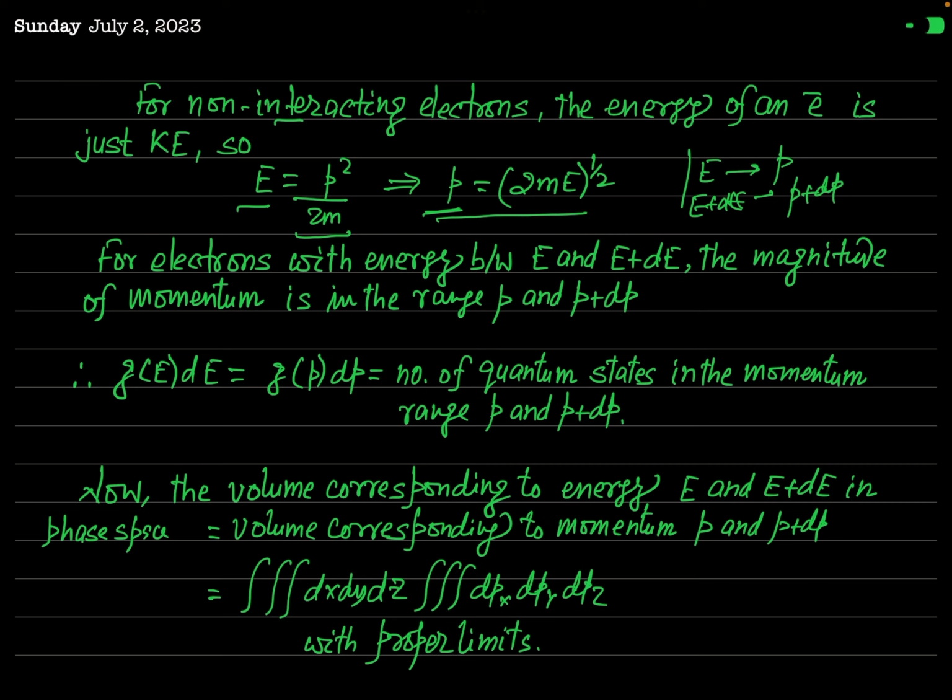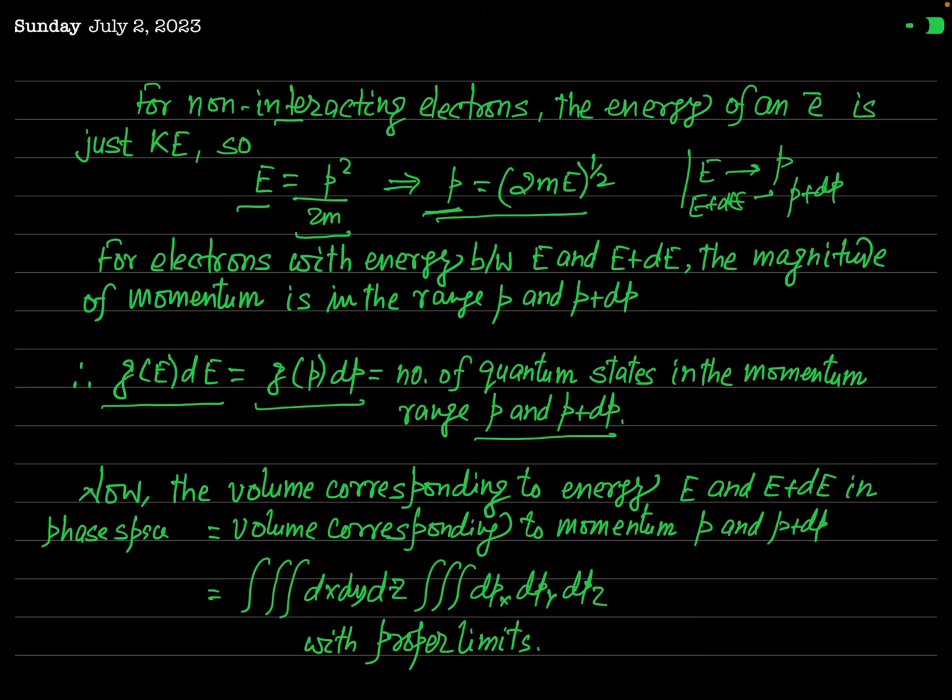So this density of states, which is denoted by the symbol g(E) dE, can also be denoted by the symbol g(p) dp, and both will be the same. And this g(p) dp is simply the number of quantum states in the momentum range between p and p plus dp, and that will be equal to the number of quantum states in the energy range between E and E plus dE.